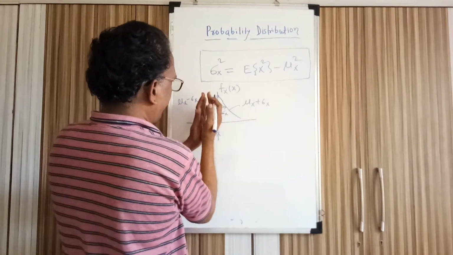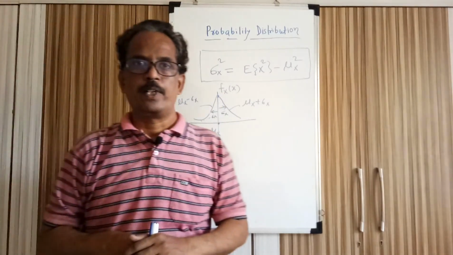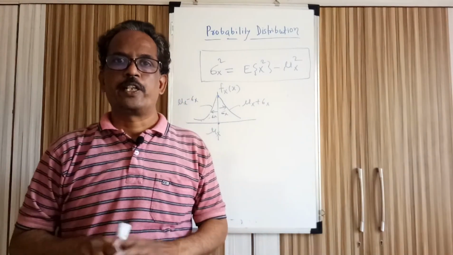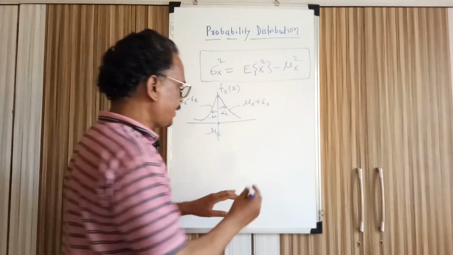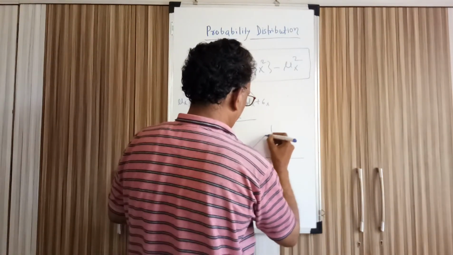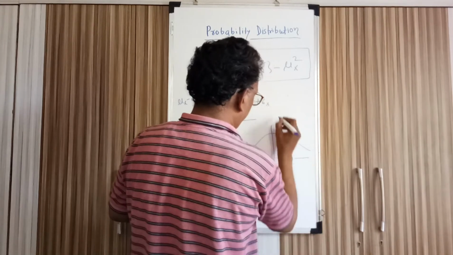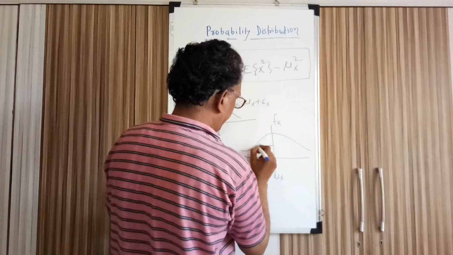So if deviation is less, we can say that the random variable is taking values near to its mean. And if deviation is more in this density function plot, you just see how this deviation is.